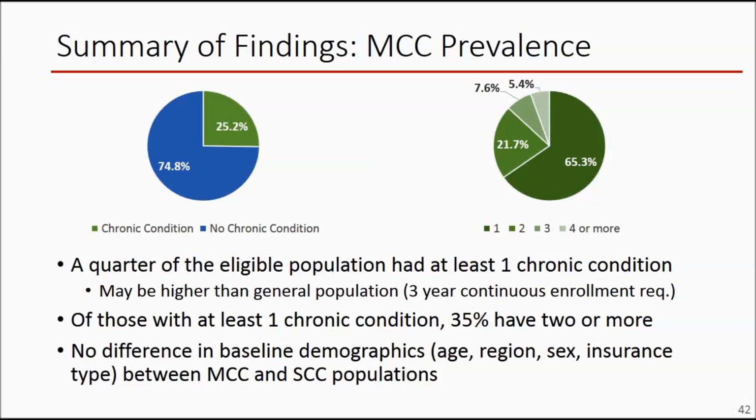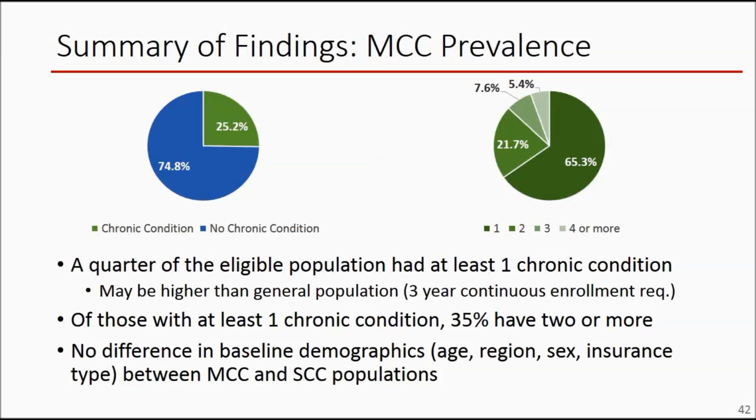So, discussion. Just in summary, of children with a chronic condition in this commercially insured cohort, let me take a step back. In the cohort, 25% of kids had at least 1 chronic illness diagnosis. And of those 25% of kids, 65% had a single condition, but about 35% had 2 or more.